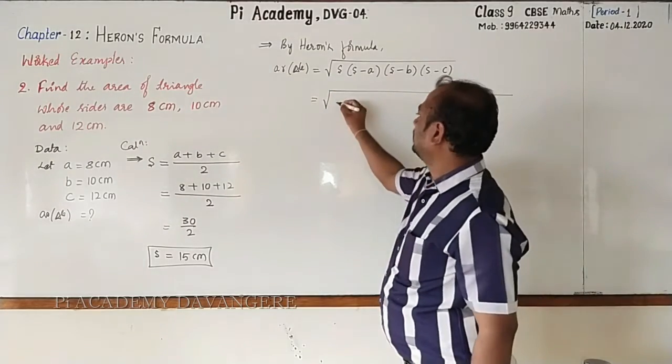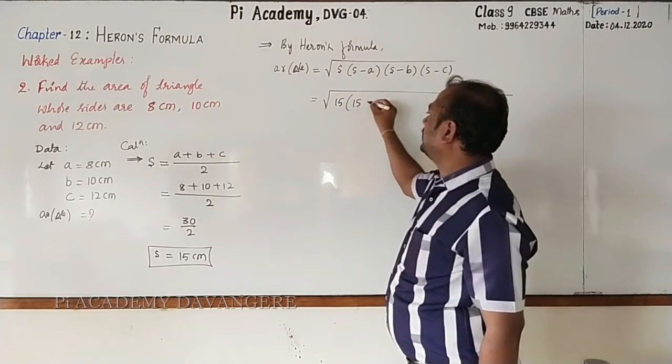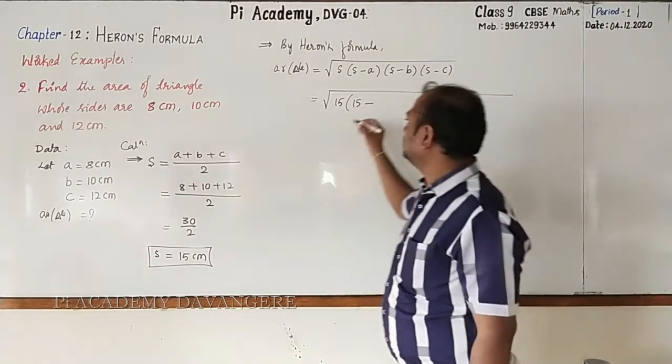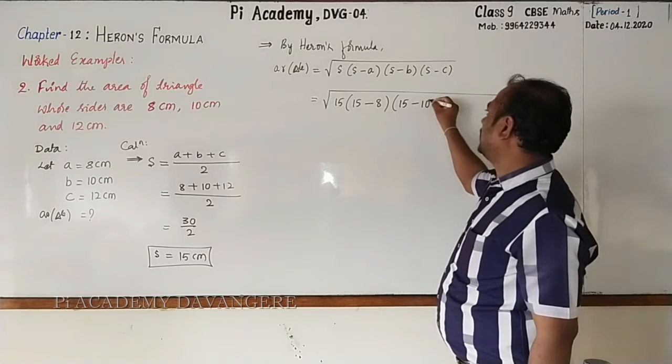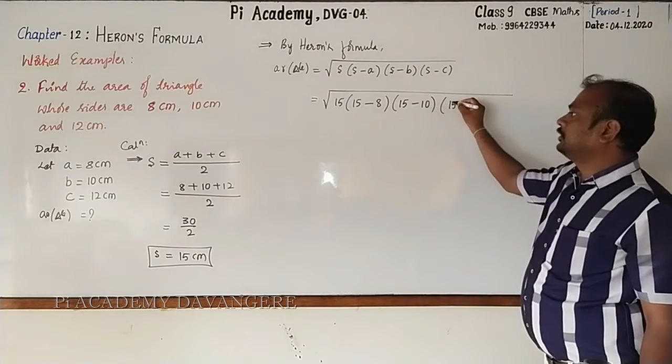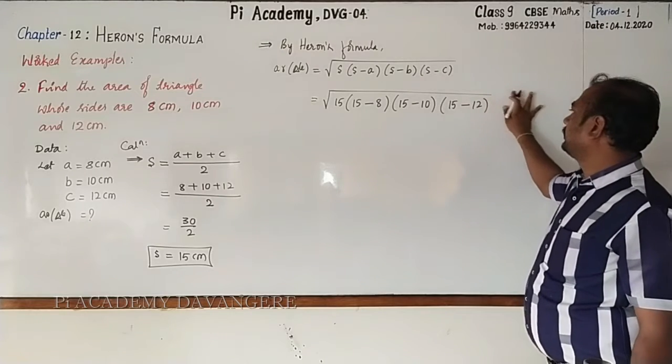S is 15. S minus A, 15 minus 8. S minus B, 15 minus 10. S minus C, 15 minus 12.